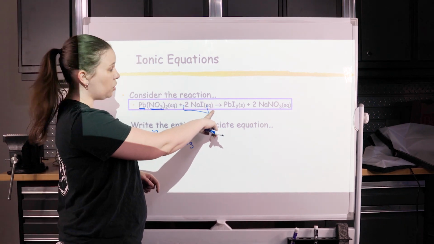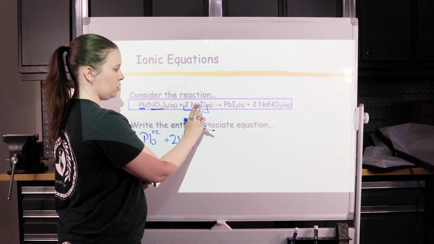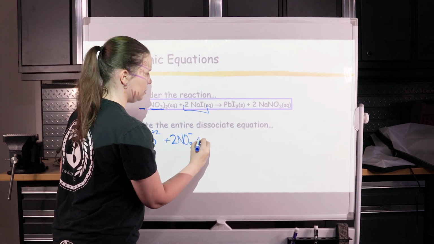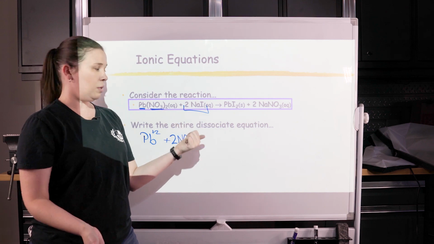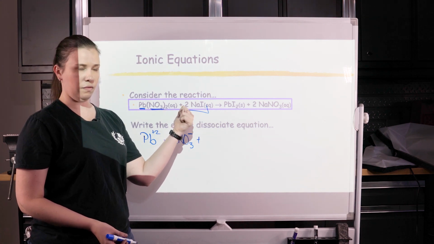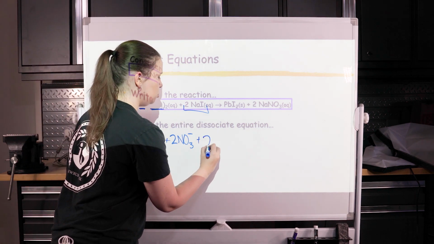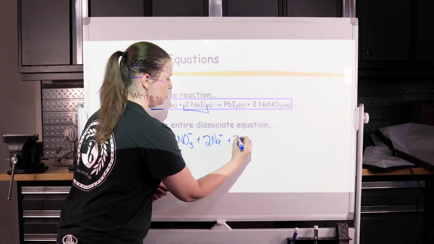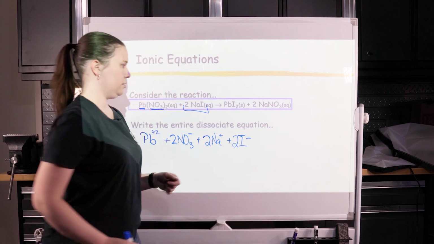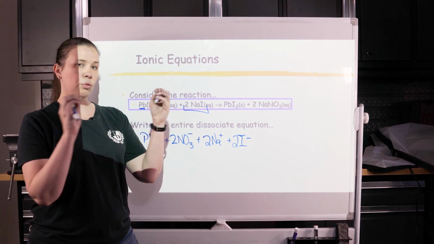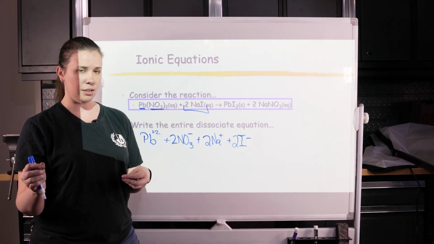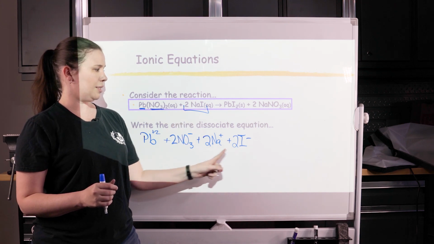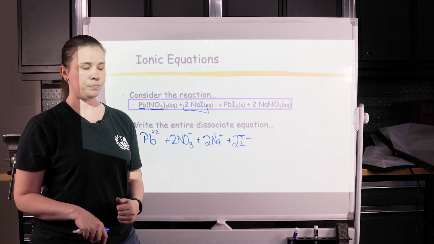Ionic and aqueous, so I know it breaks up, and it's going to break up into those separate sodium and iodide ions. But the balanced equation has this coefficient in front of it. So that means I'm going to write 2 sodium ions and 2 iodide ions, showing that it breaks up into the Na+ and the I-, but because there was 2 molecules, I get double the ions each time.